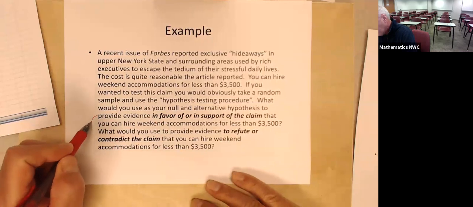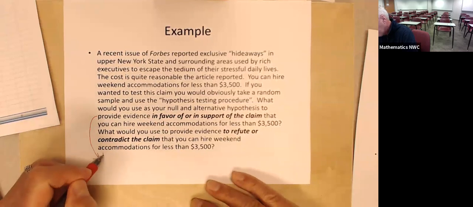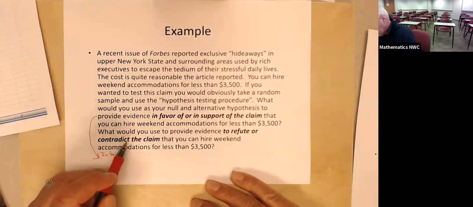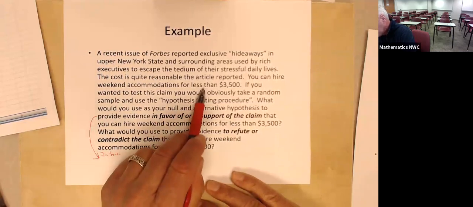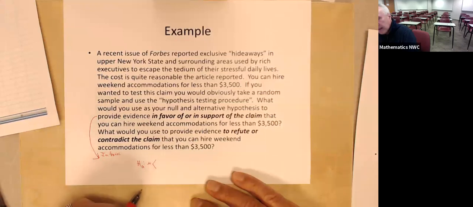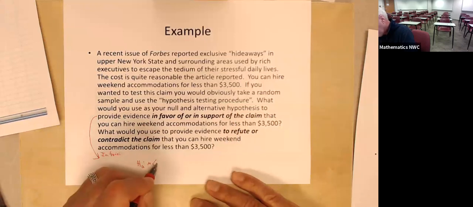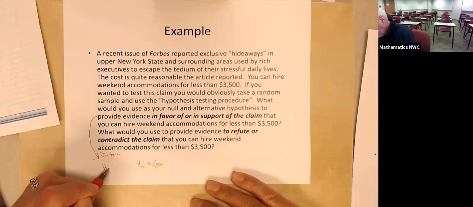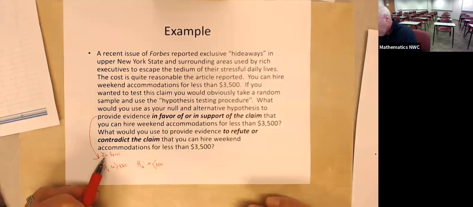In favor means I want my alternative to be what they claim. So in favor would have had the alternative to be the mean is less than 3,500. The null would have been the opposite, that it's greater than or equal to 3,500. That would have been in favor.